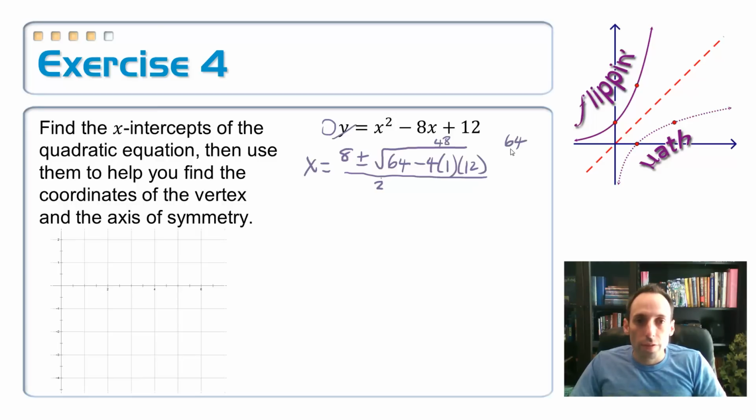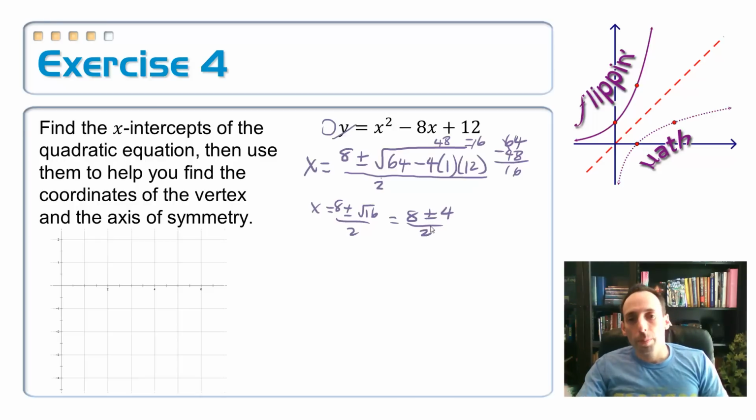So 64 minus 48 is 16. Oh, that's handy because that's just the square root of 16. x is equal to 8 plus or minus 4 over 2.